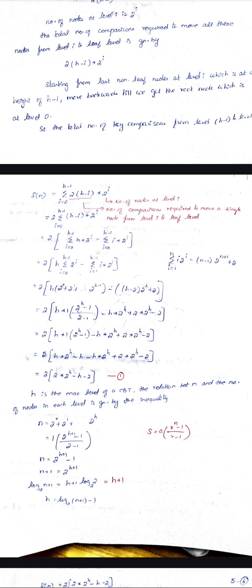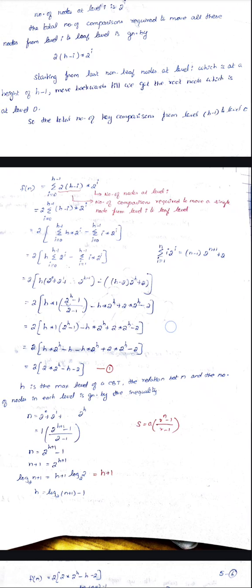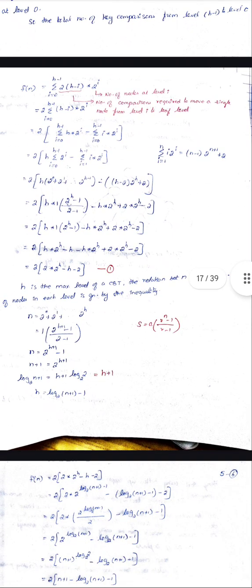So the total number of key comparisons from level h minus 1 to level 0, that is like this, 2 power h. Here if we consider f of n is the sum of 2 of h minus i into 2 power i, h minus i into 2 power i, h into 2 power i, then 2 power i.